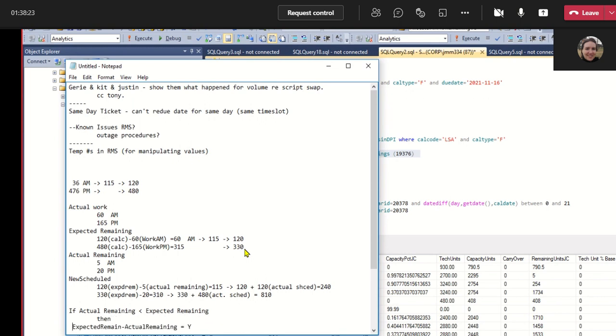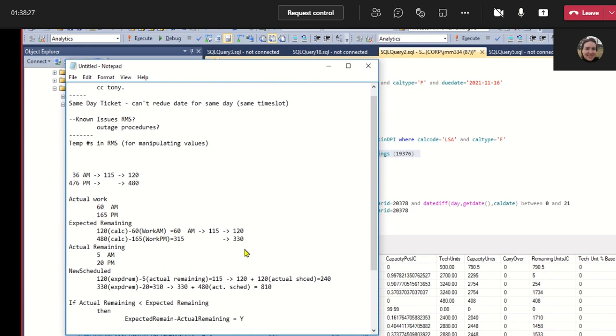Then we'd want to do y plus actual remaining equals z. Like we run into this, y plus actual remaining gives us a number.